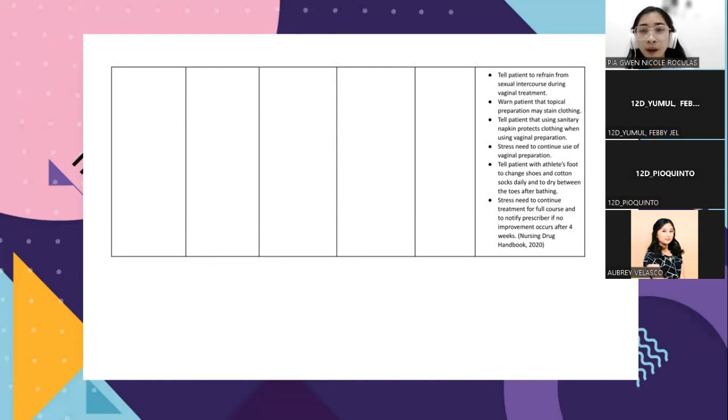So, para maiwasan yung fungal infection sa paa natin. Next is stress need to continue treatment for full course and to notify prescriber if no improvement occurs after 4 weeks. So this is according to Nursing Drug Handbook 2020.